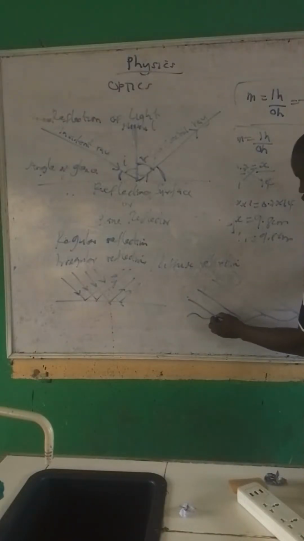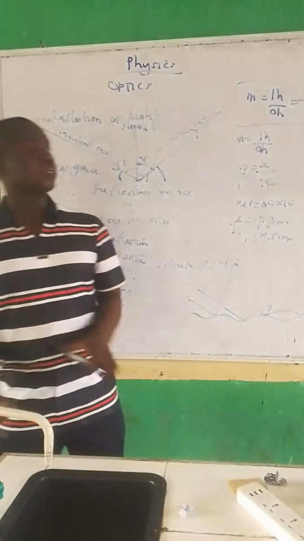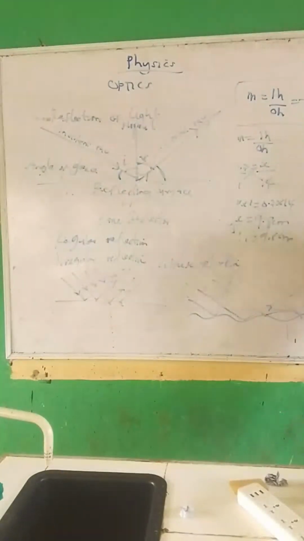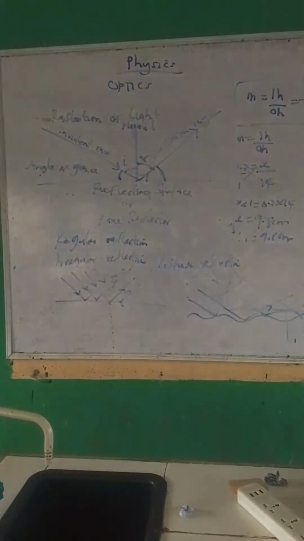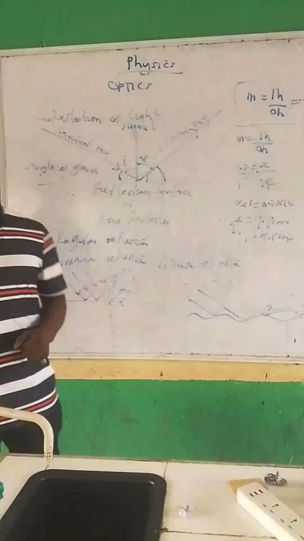This one might move like this, this one will move like this, and this one will now move like this. So it is irregular because the surface is not smooth. That is irregular reflection. In our next class, we are going to talk about plane mirrors and curved mirrors.